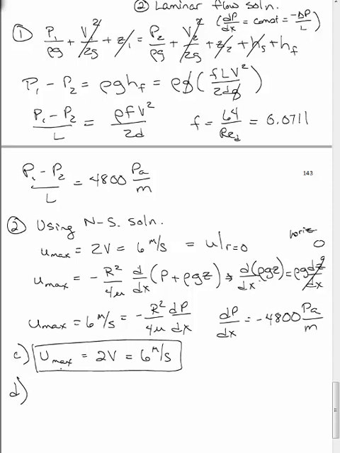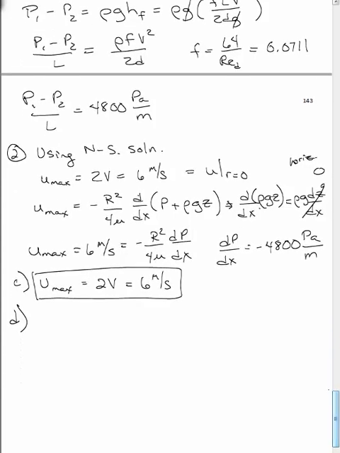Part D says find the velocity at any r value. Okay, well that is definitely going back to our Navier-Stokes solution. We're not going to have that yet for turbulent. We may not even have that for turbulent. So, but for laminar, we can just use our u equals equation. And we had one in terms of Umax, so let's use that since we already have Umax. Umax times 1 minus little r squared over big R squared.